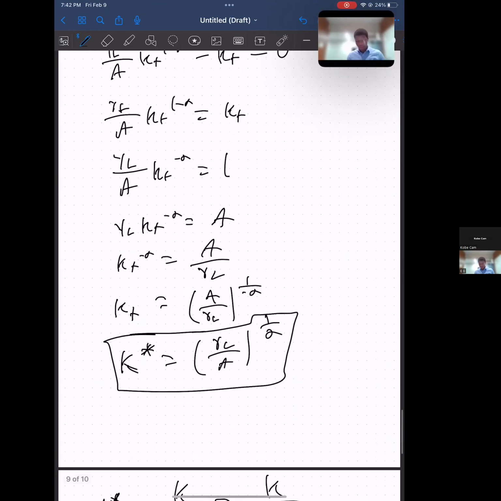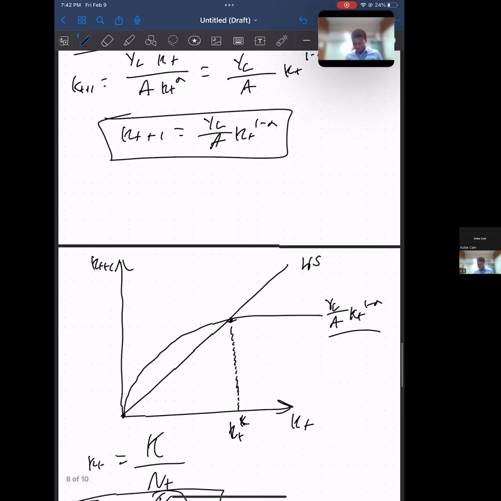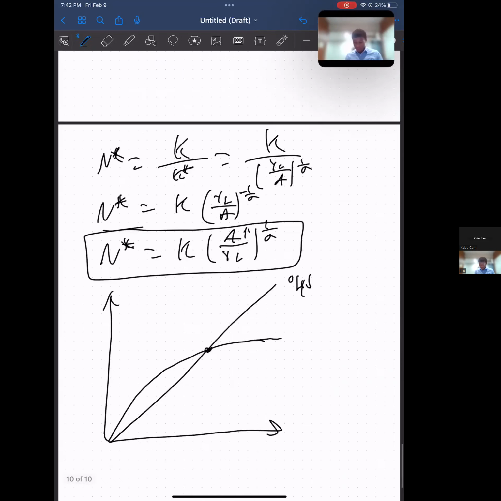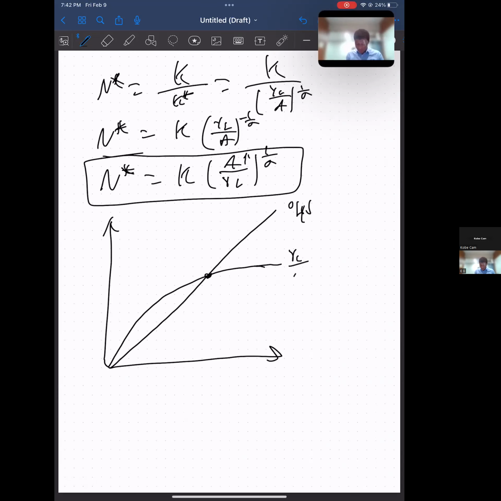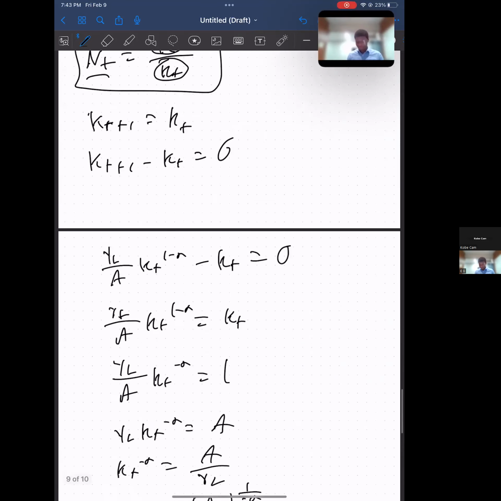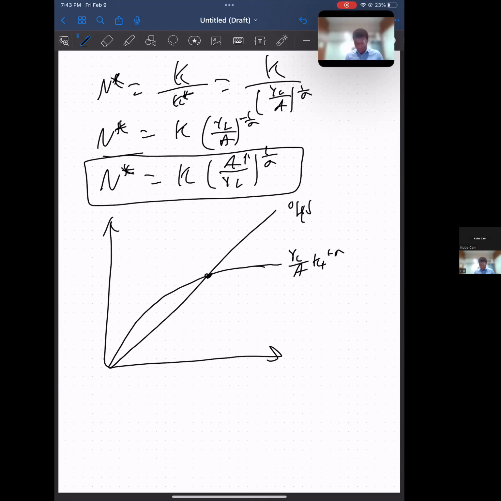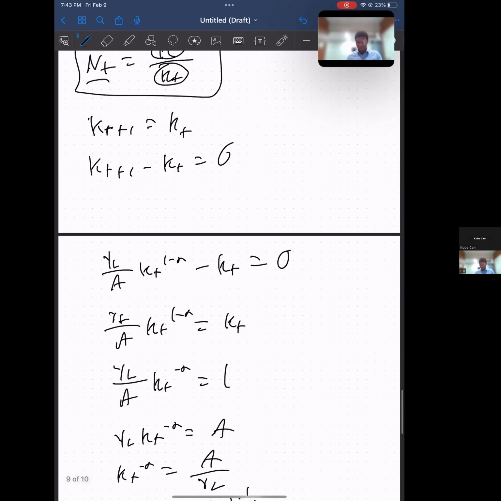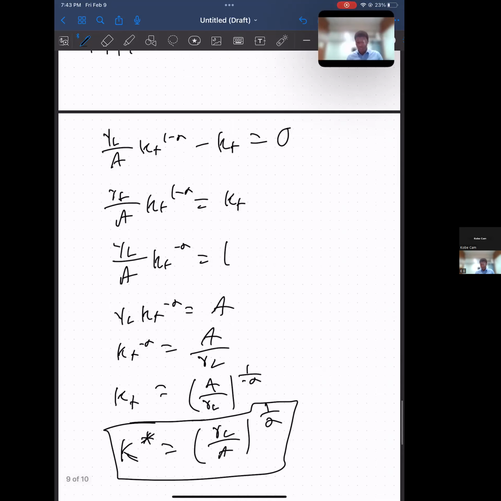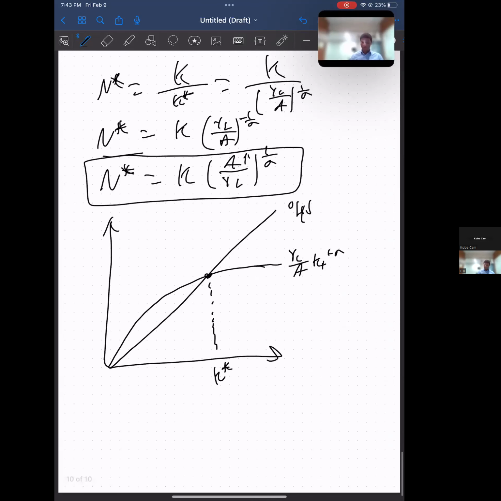Let's go back up to our equation right here. That was YL divided by A, Kt, YL over A, Kt to the 1 minus A. Perfect. Nice. All right. And so now from here, we know that this is the steady state at time t0. But then we're going to say, okay, let's raise our value for technology. Technology is in the denominator in this equation, right?